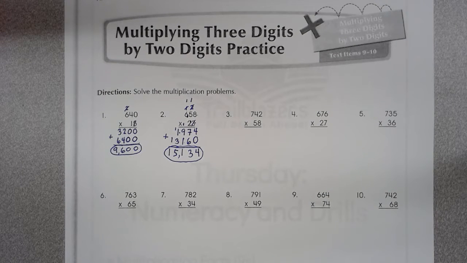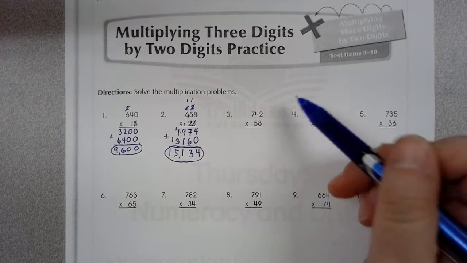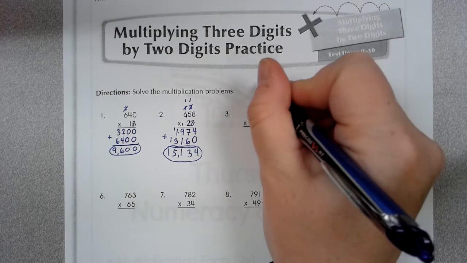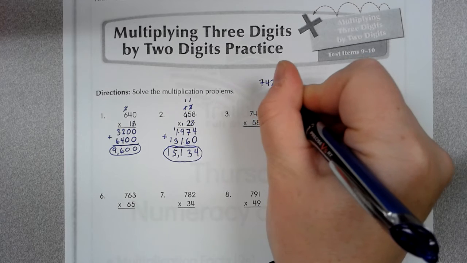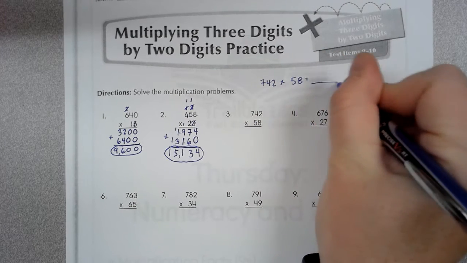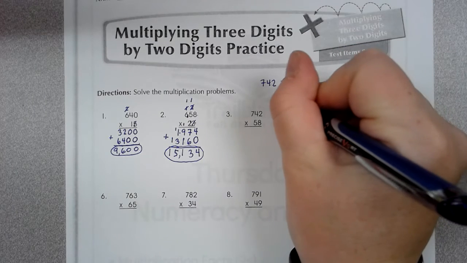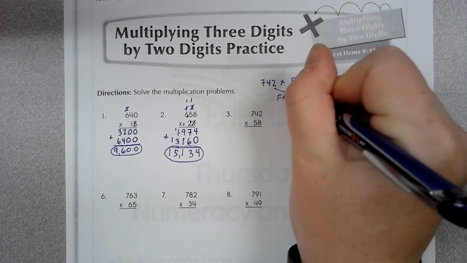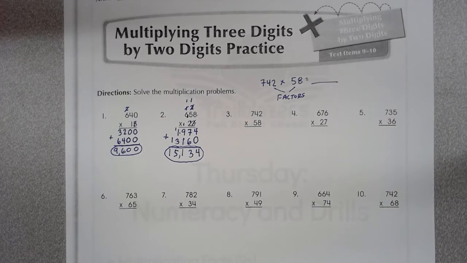Now, here's another vocabulary word that you're probably going to hear pretty soon. When you have a multiplication problem, like the 742 times 58 gives you an answer, both of these numbers are known as factors. Okay?